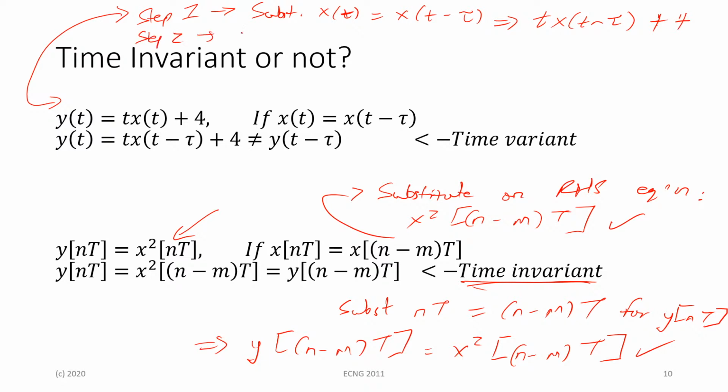Step 2 will be to substitute t equals t minus tau, which means that we will get t minus tau times x of t minus tau plus 4.